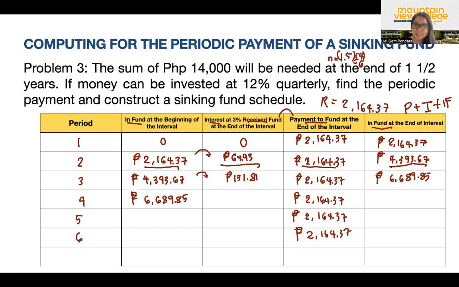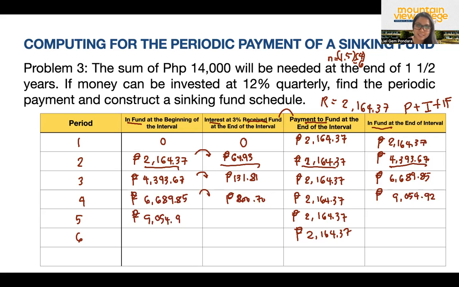Rovi, how much is the interest? 200.70. Okay, Vince, total savings. 9,054.92. I'll copy that for the starting amount.